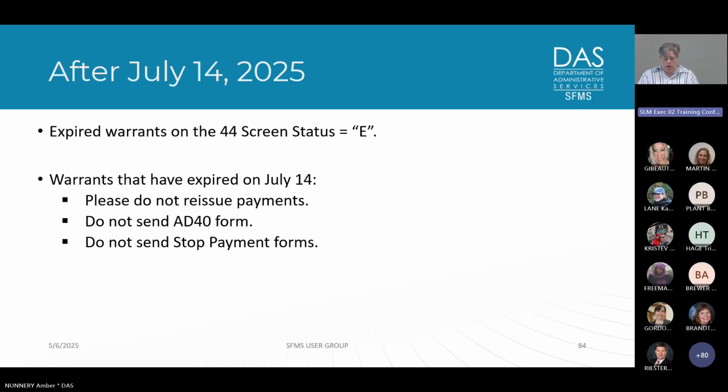For warrants that expire on July 14th, please do not reissue the payments. At this point, allow them to be sent forward to Oregon State Treasury, especially if they are owed to the vendor. Do not send a stop pay because at that point, it does nothing in the system.